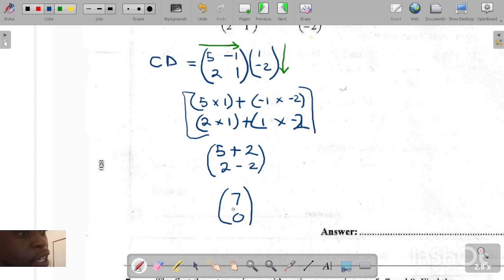As I said earlier, this is a 2 by 1 matrix. So CD is equal to 7 and 0, like this.